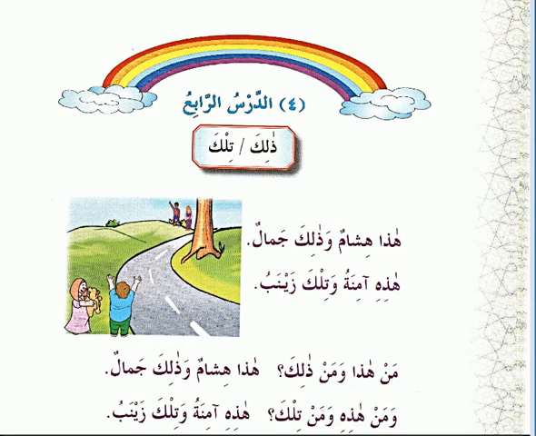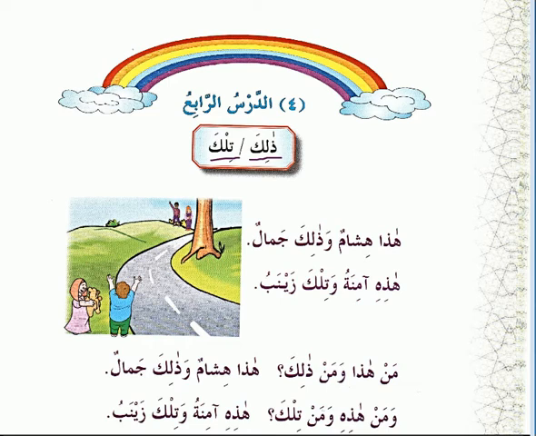So in this lesson, there's going to be one more word that we learned, right? So what were the two ways we can say that? Good, right. Dhalika and tilka. Yes, we're going to go over it really, really quickly as a review.